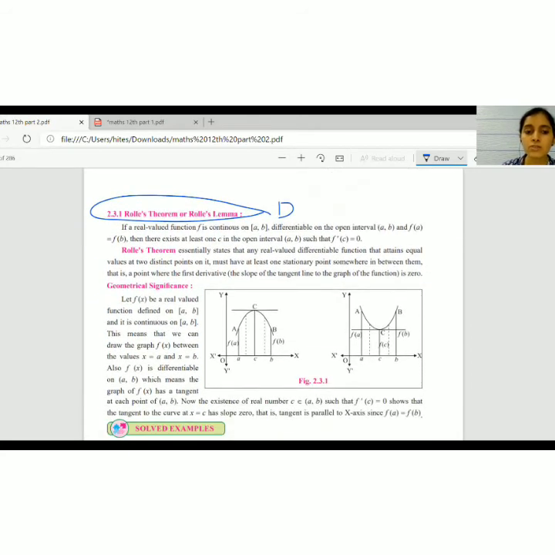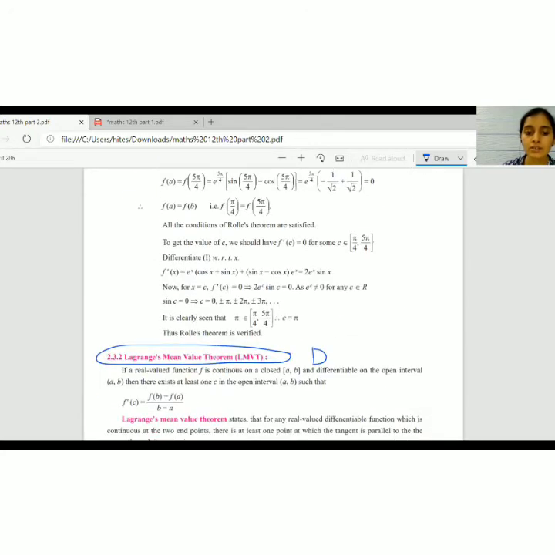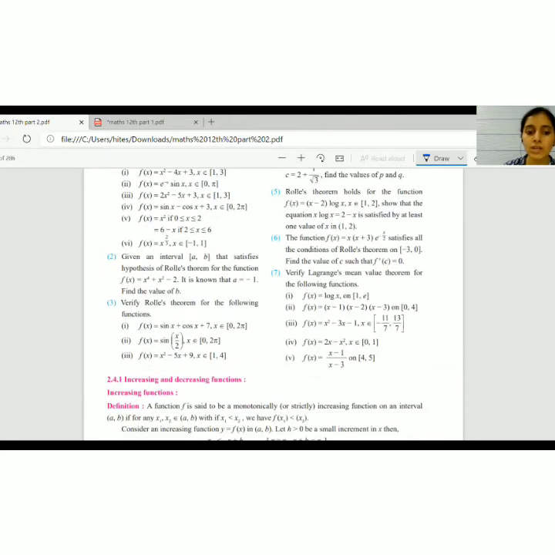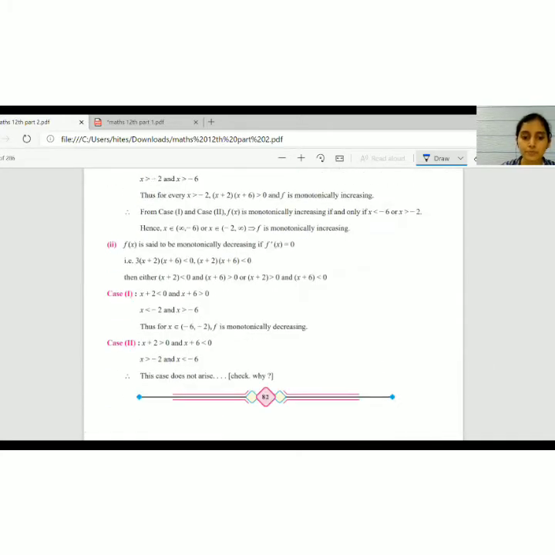So Rolle's theorem, the entire topic is excluded, and Lagrange's mean value theorem, the entire topic is excluded. We start from 2.4.1 increasing and decreasing functions. Okay, so these topics would be non-evaluative that I have mentioned for chapter 2.